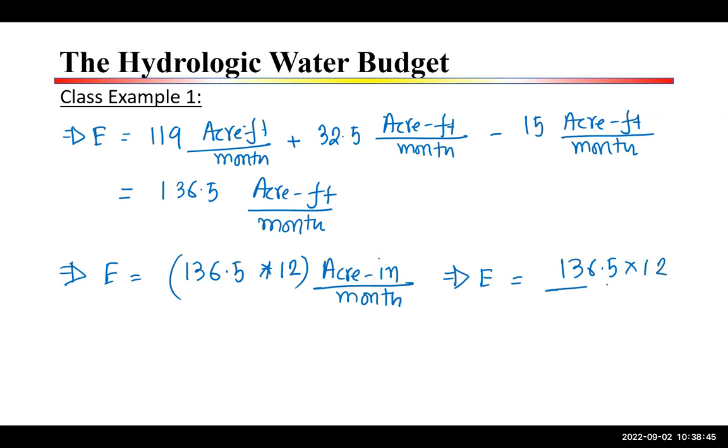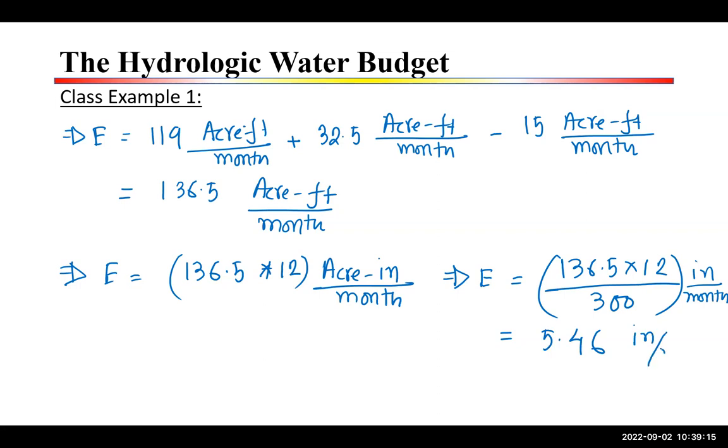So 12 over 300 inch per month. Okay, now what is the answer? Yeah, that's the answer I got.